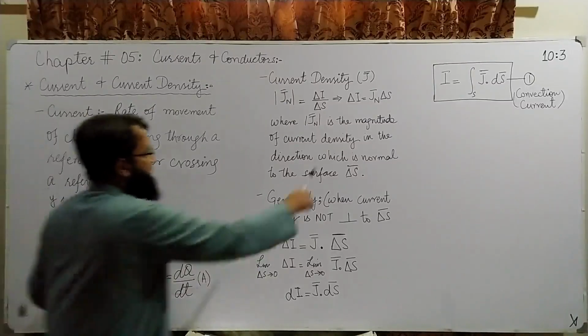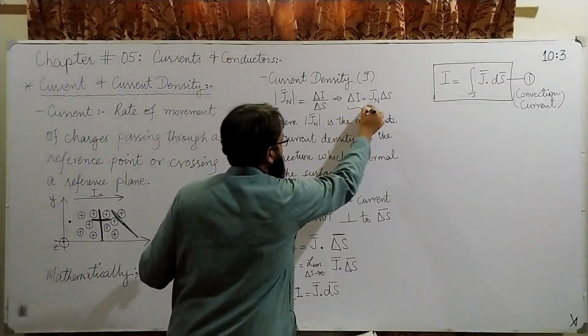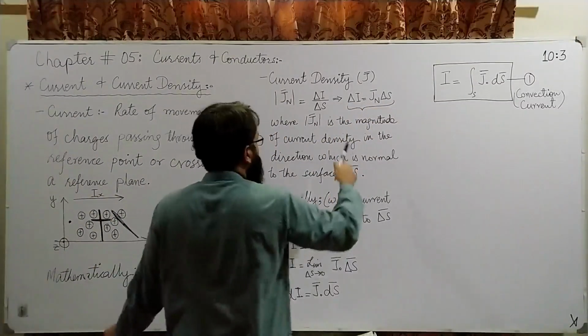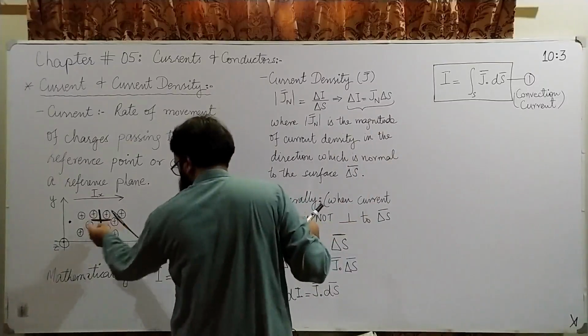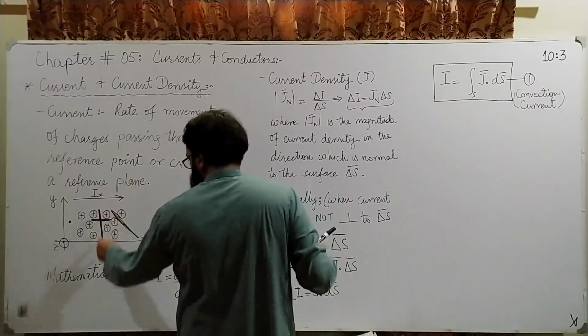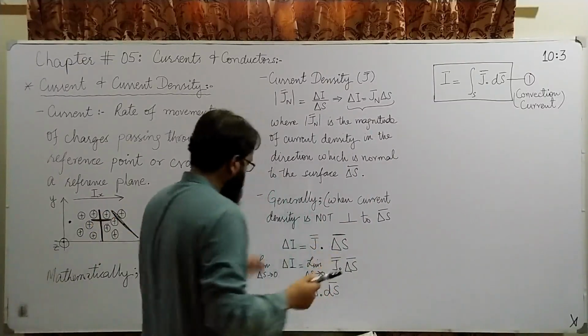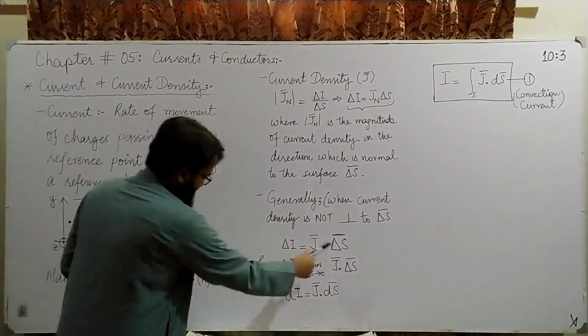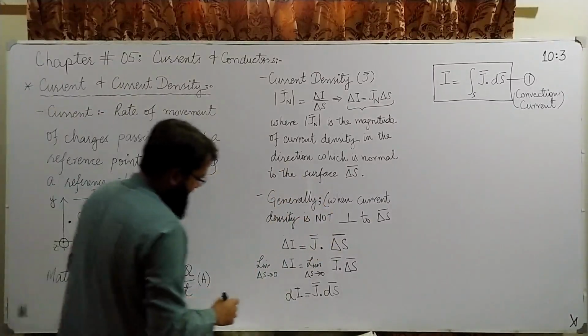So this is what we are getting when we are taking a plane like this, and we are getting 0 if we are taking a plane like this. How about if we are making some angle which is between these two extremes? In that case, we'll have to take the dot product. So now you know why we do it.